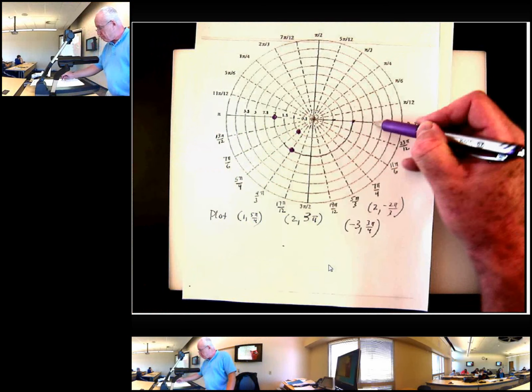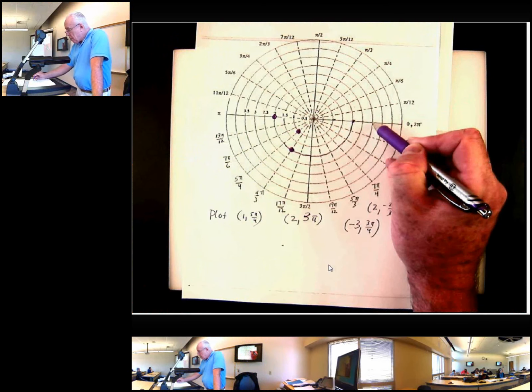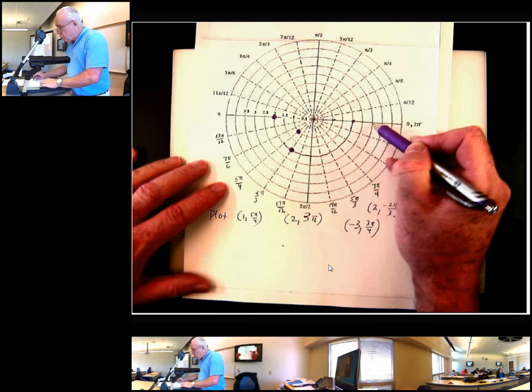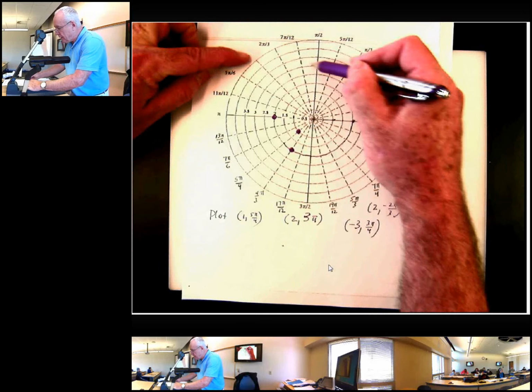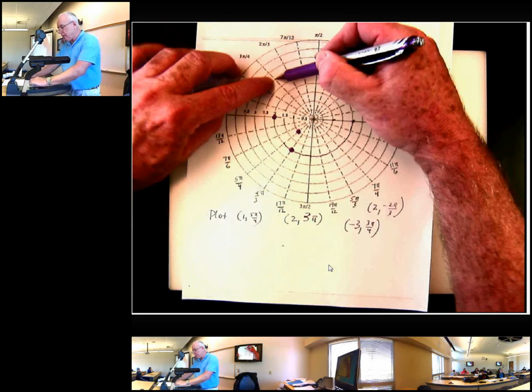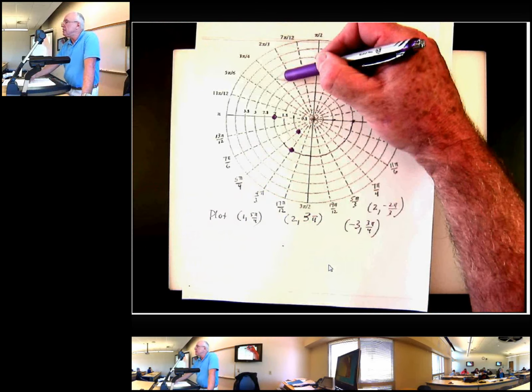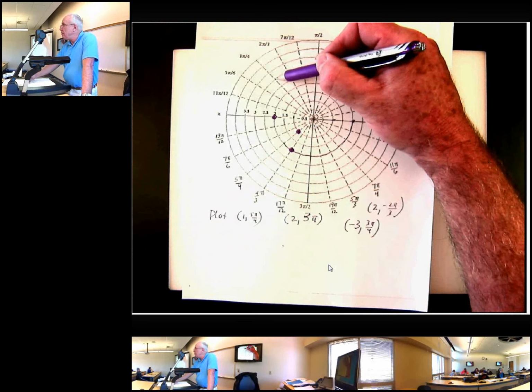Now, where is 3/4 pi? We go around, and 3/4 pi is up here. But this point here is positive 3, 3/4 pi.